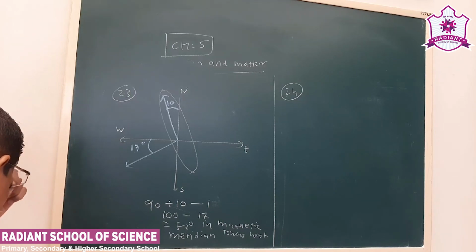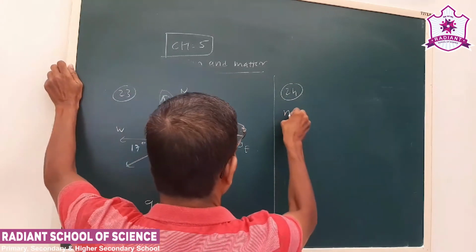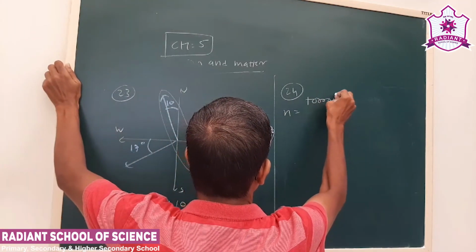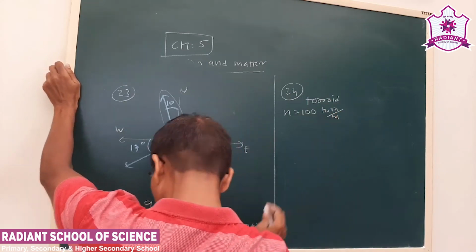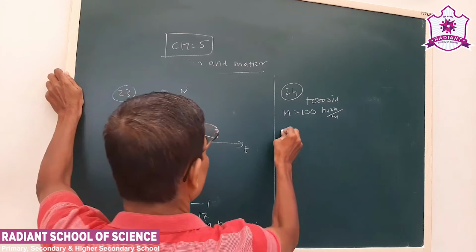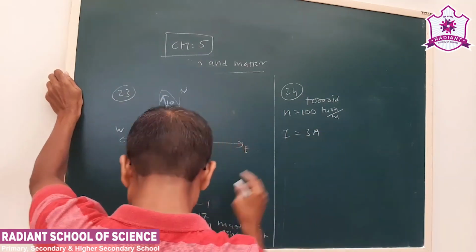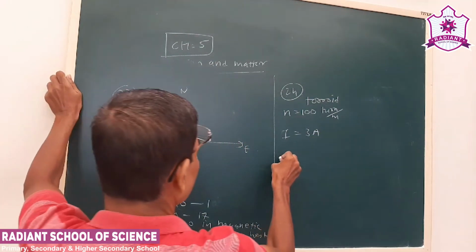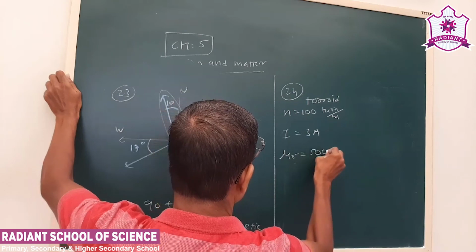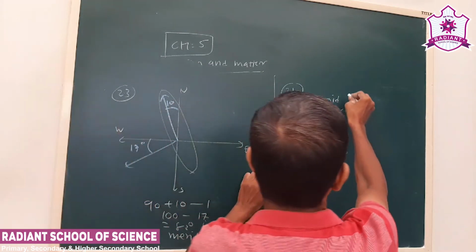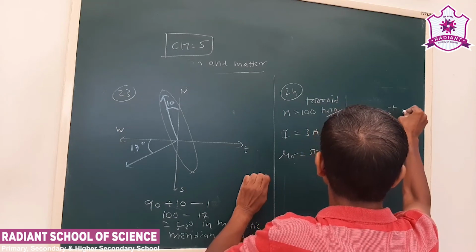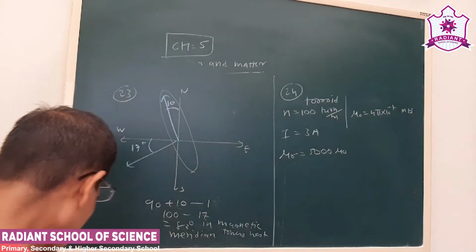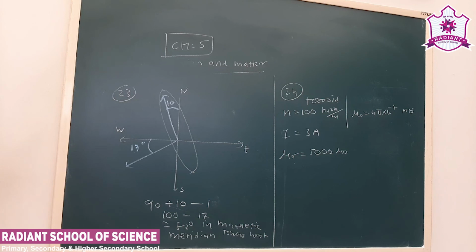Now, see, a toroid is wound with 100 turns per meter. Okay, current is 3 ampere. Now the relative permeability mu r is 5000. See, mu 0 value is known to us. What is the magnetic field?